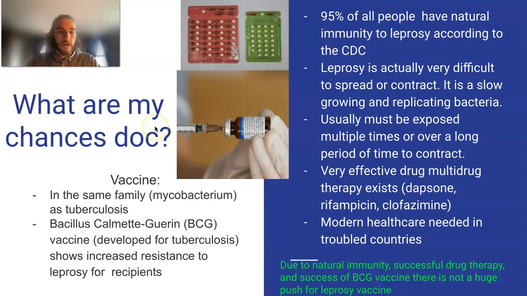Okay, so in terms of vaccines, medicine, and immunity, it's really interesting. Actually, 95% of people have a natural immunity to leprosy. It's pretty difficult to get because, first of all, most people have this natural immunity, and second, it's a slow-growing bacteria and it's pretty hard to transmit.